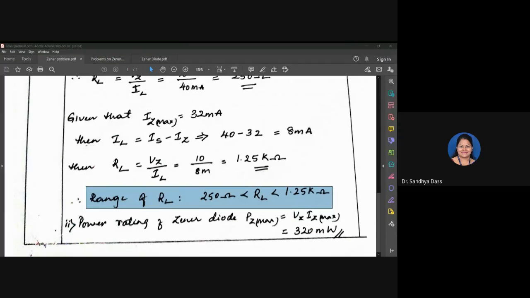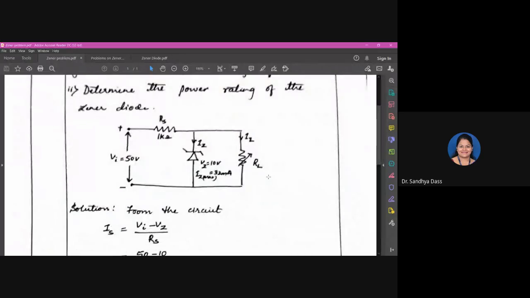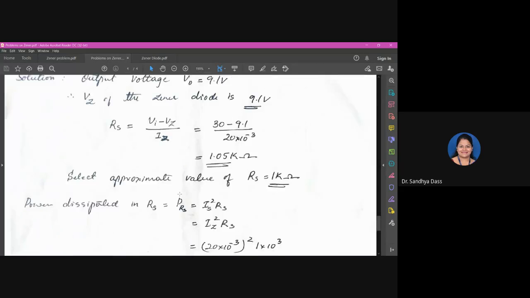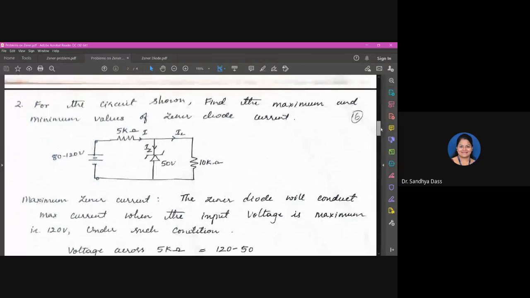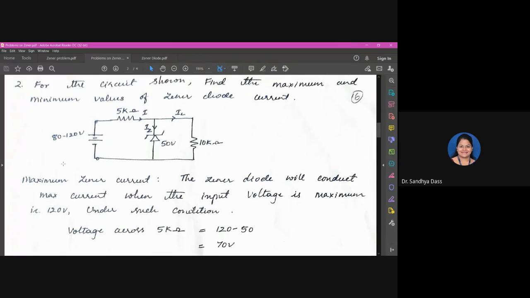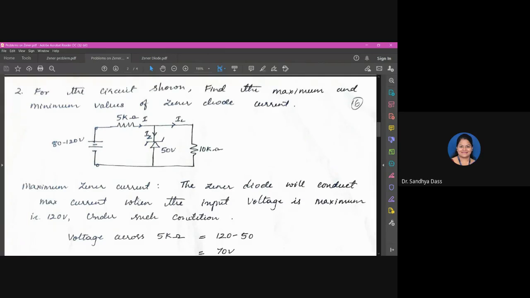Have you observed the different varieties of questions we have solved now? In this problem, we calculated RL, that is load regulation. In the previous examples, it was line regulation, and we calculated how to find the different Zener currents.